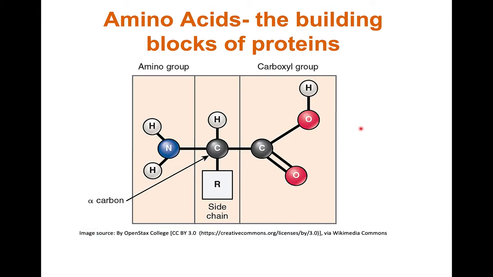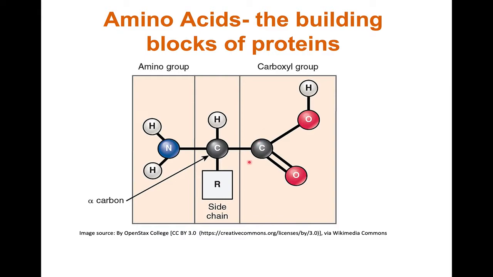First of all, in any amino acid, there is a central carbon, which is called the alpha carbon. To this carbon, there are a number of functional groups attached, which are common in all amino acids. In nature, there are 20 different amino acids, and among all of them, these three parts are exactly the same. First is an amino functional group.